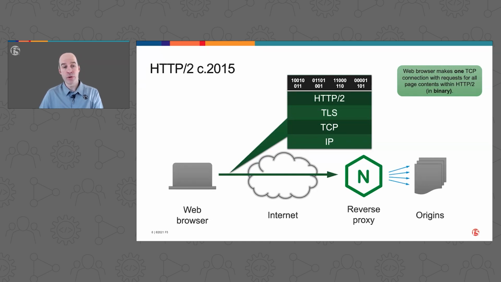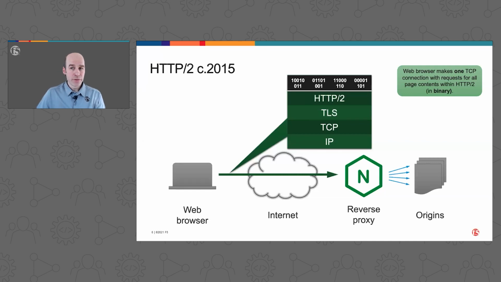And now we've got binary transport, or binary requests. So we've got a single TCP connection, and we're multiplexing all the requests that we need on one TCP connection. And that binary transport means it's more efficient. We've got encrypted headers, compressed headers, and a number of little minor enhancements all the way along just to minimize latency, get more traffic across the internet to your origins.